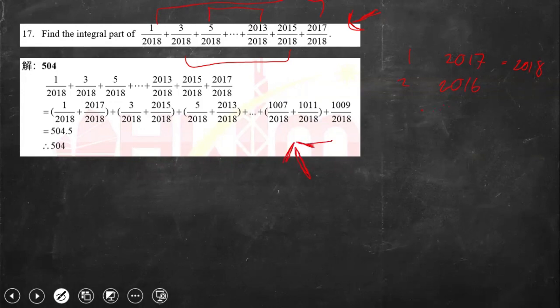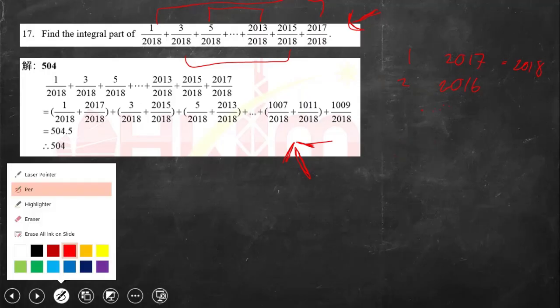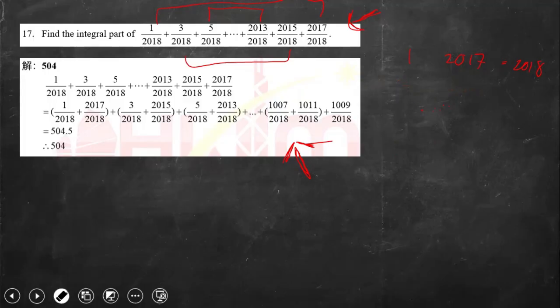And once we reach 1008, wait, there's only one 1008. Oh, there's no 1008. The pattern is 1, 3, 5. The pattern is odd numbers, so there's no 2 as well. Sorry. You know that it's 3 and then 2015.